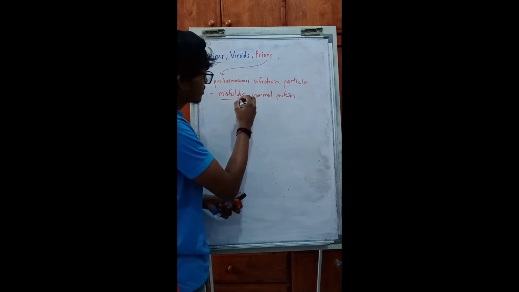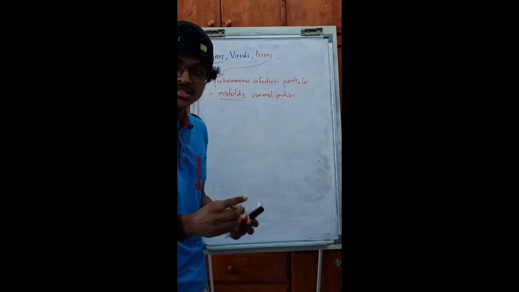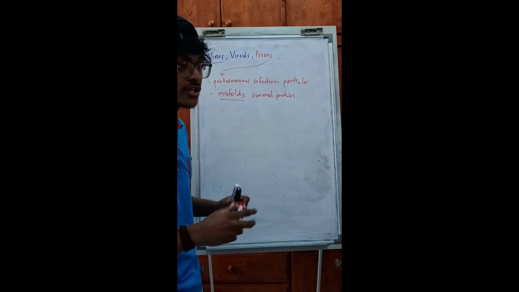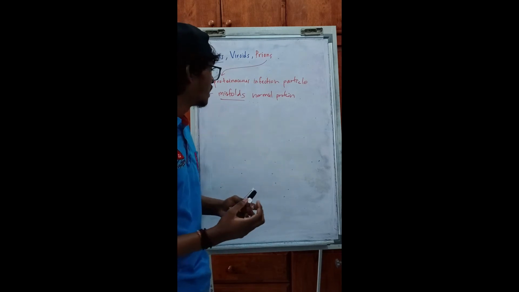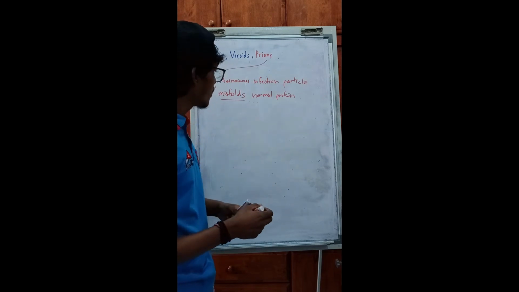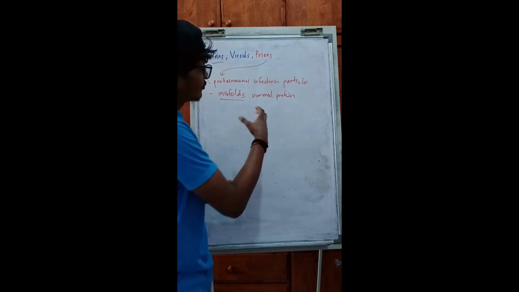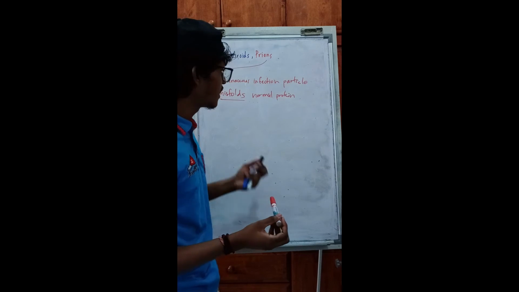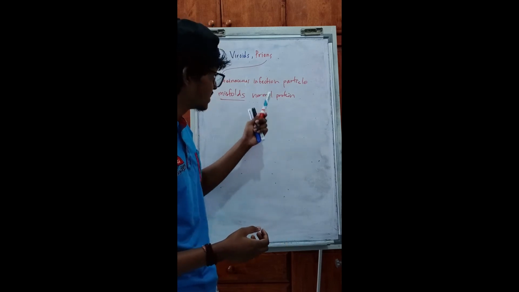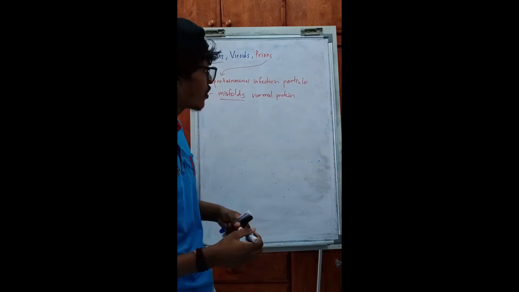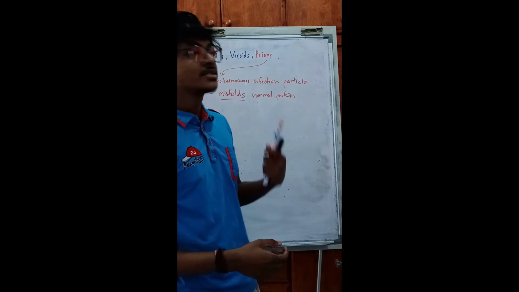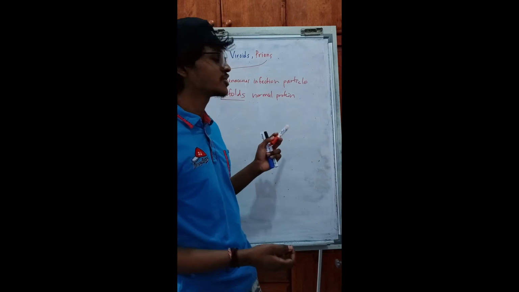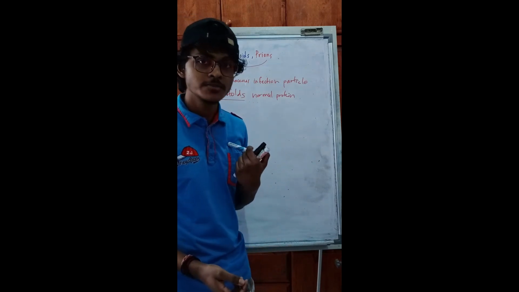If they misfold normal proteins, then the functions are going to be lost. The normal proteins lose their normal functions. For example, if the proteins are enzymes and they lose their shape or their active site, then automatically they lose their function, and this causes metabolic problems in our body.